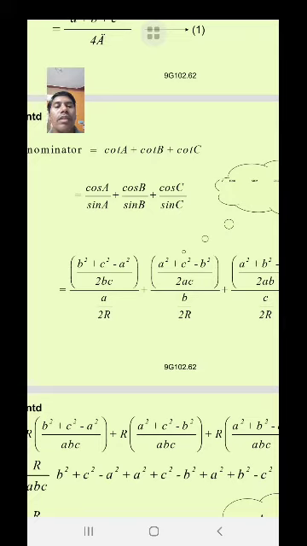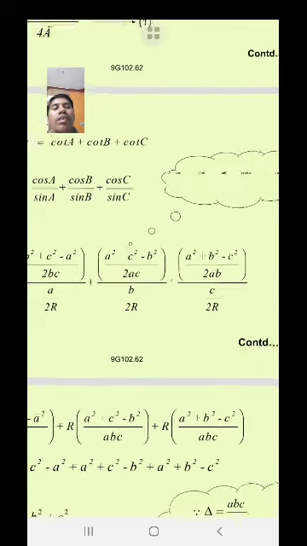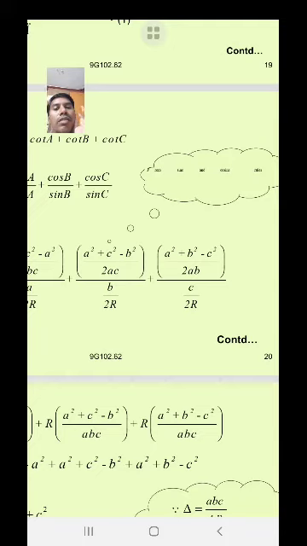Plus cos B, (a² + c² − b²)/2ac, by b/2r, and cos C, (a² + b² − c²)/2ab, by c/2r.